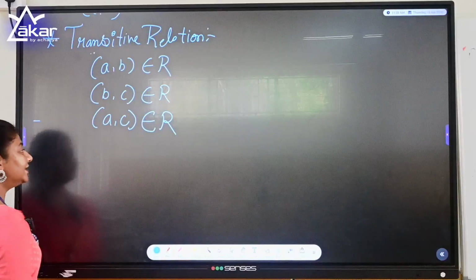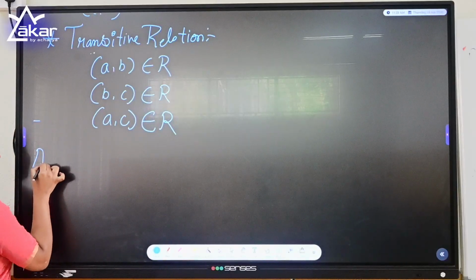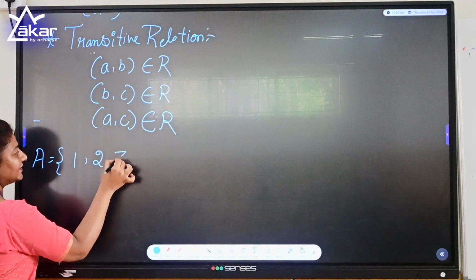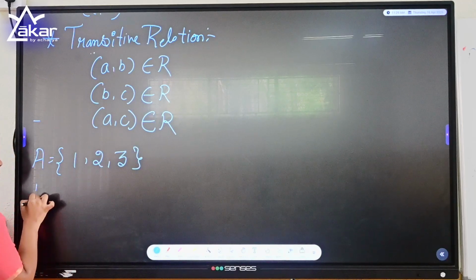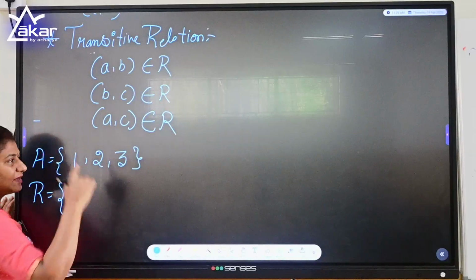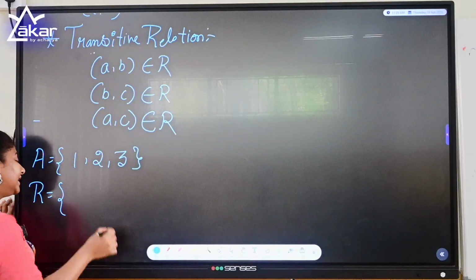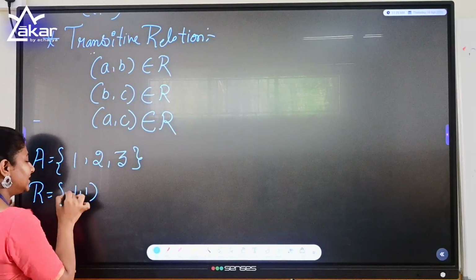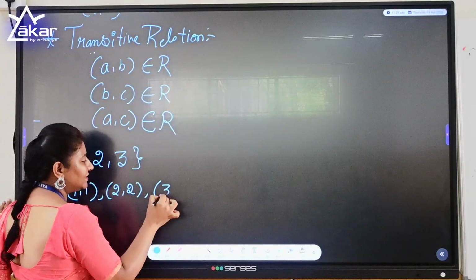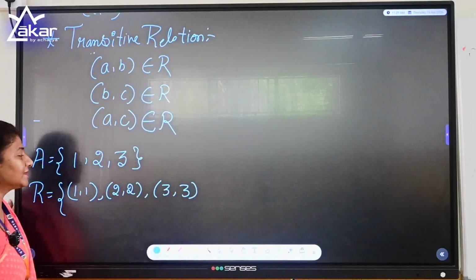So the condition is A is equal to 1, 2 and 3, and let us check for R. What are the elements? 2 power 3 means 8 elements should occur. Let us see. 1 comma 1 is present, 2 comma 2 is present and 3 comma 3 is present.